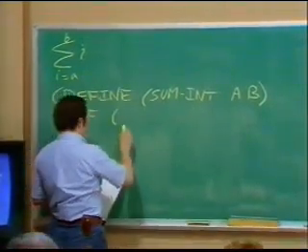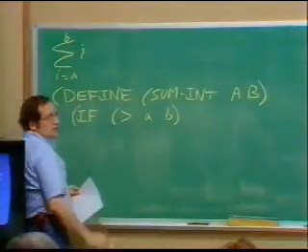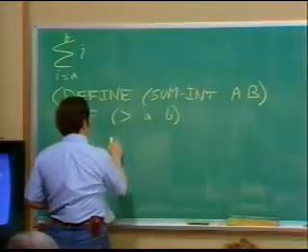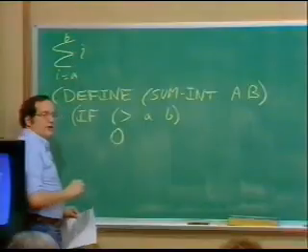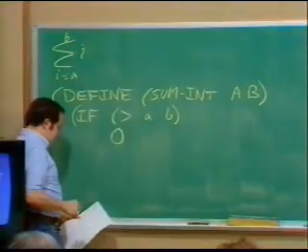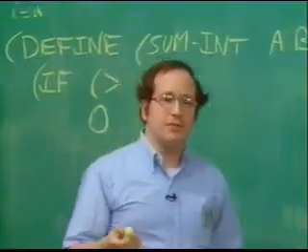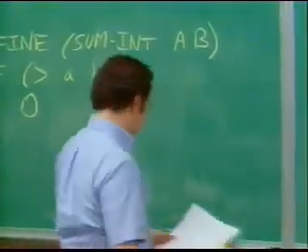If A is greater than B, well then there's nothing to be done and the answer is 0. Okay? This is how you're going to have to think recursively. I'm going to say, if I have an easy case that I know the answer to, just write it down. Otherwise, I'm going to try to reduce this problem to a simpler problem, and maybe in this case I'm going to make a sub-problem of the simpler problem and then do something to the result.